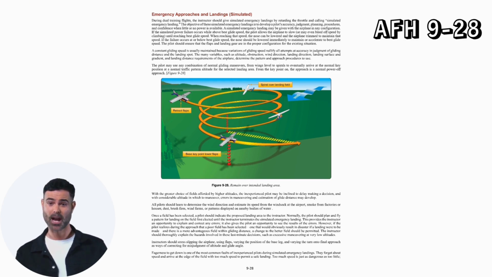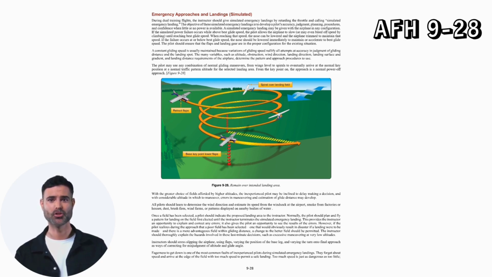If the simulated power failure occurs while above best glide speed, the pilot allows the airplane to slow, or may even bleed off speed by climbing until reaching best glide speed. When reaching that speed, the nose can be lowered and the airplane trimmed to maintain that speed. If the failure occurs at or below best glide speed, the nose should be lowered immediately to maintain or accelerate to best glide speed.